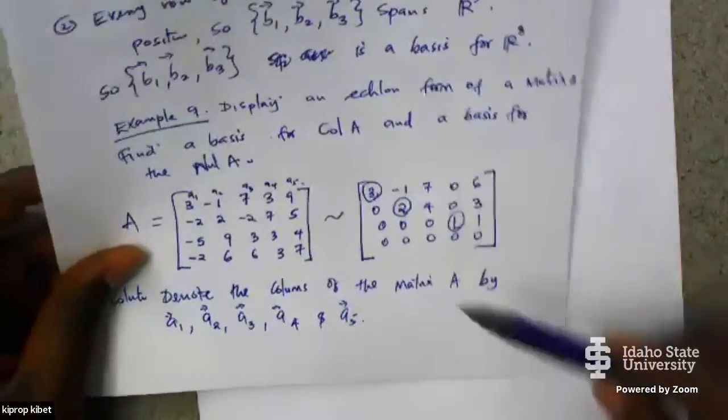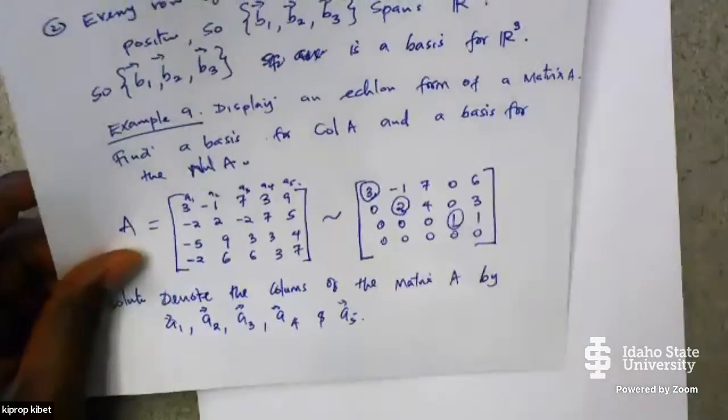So the pivot columns are this one, this, and this.